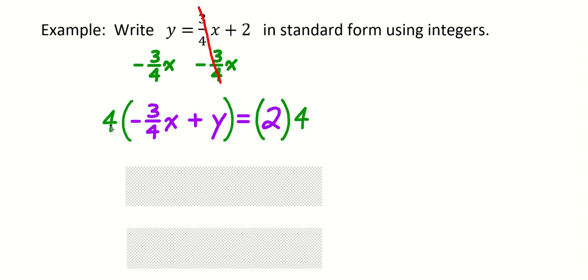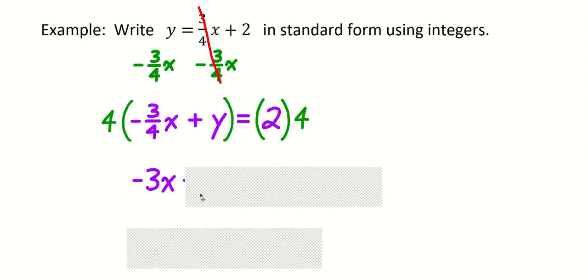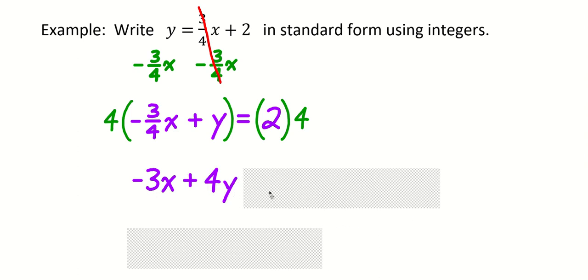Because when I now distribute the 4, all that's going to happen is the 4's canceling, and I'll be left with -3x. But of course, remember, we also have to distribute the 4 to there, so we get 4y, and then multiplying 4 to both sides, we get 8. So there we go. Now integers with your a, b, and c values.